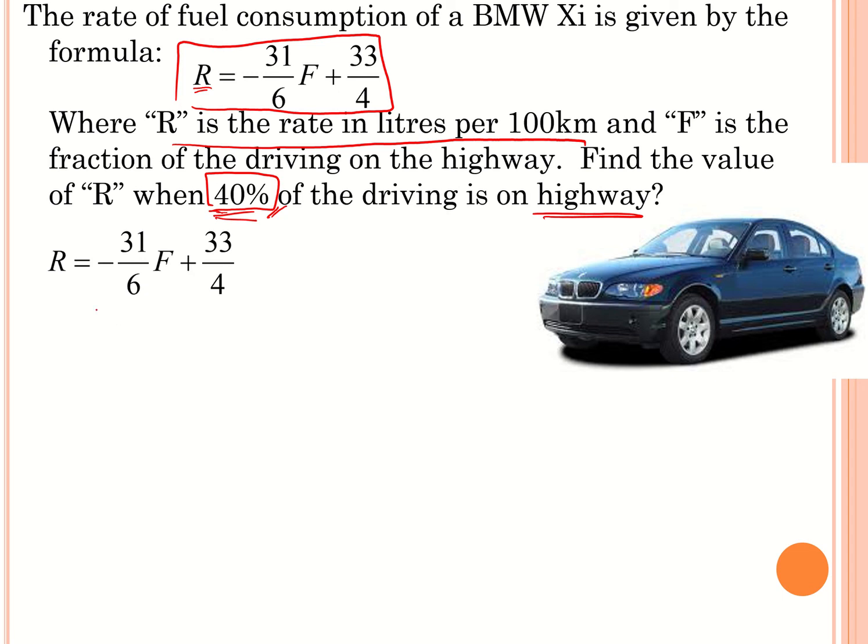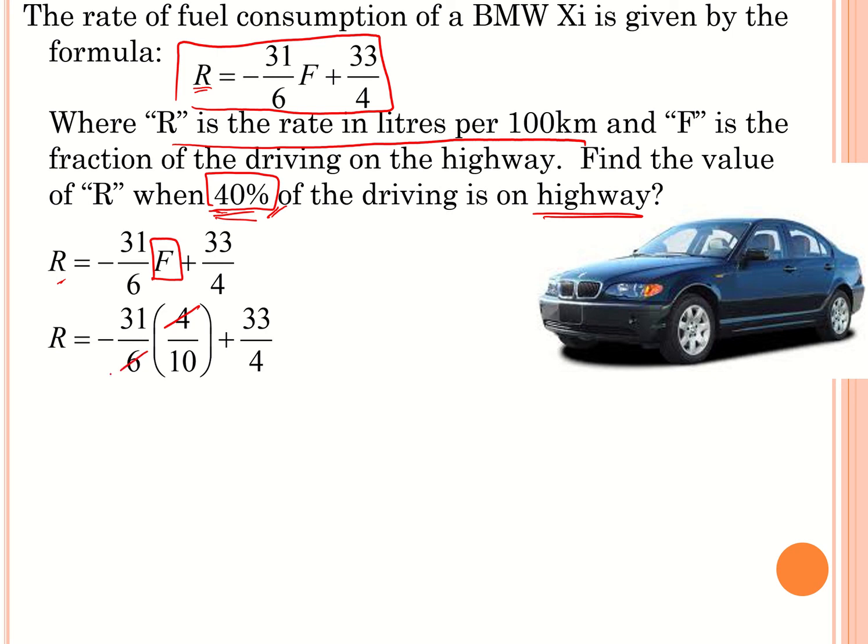Anyway, here's the formula. You want to find the rate of consumption in liters per 100 kilometers. So here's F. F is 40%, so you get 4 over 10. After this, I would simplify this equation. Again, you can pause here if you like. You can do the math yourself, or we can just continue. The 4 and 6 can cancel each other out. I'll just show the step.